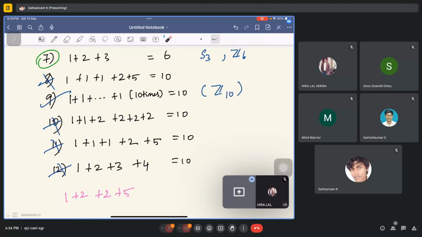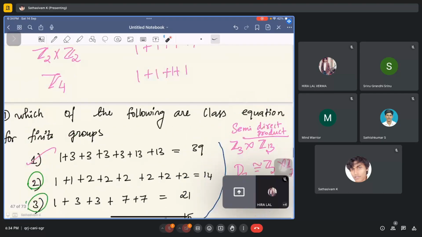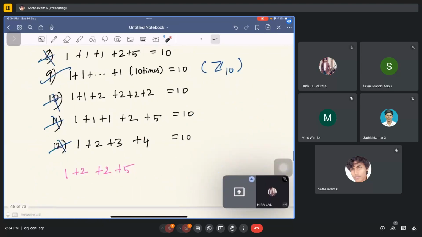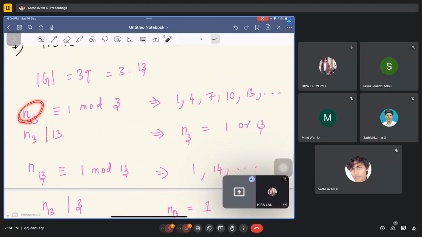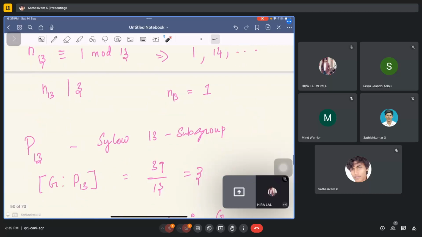If you want to compute the classification, most of the time this is all you're going to do. Always find the class equation of the group, which gives you some information. In general, these are the few tricks you have. At different times you might need to assume some of these are non-abelian, which gives you some more information.